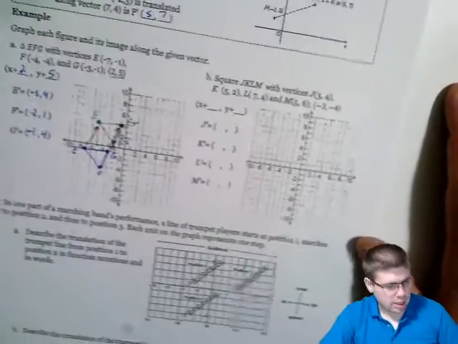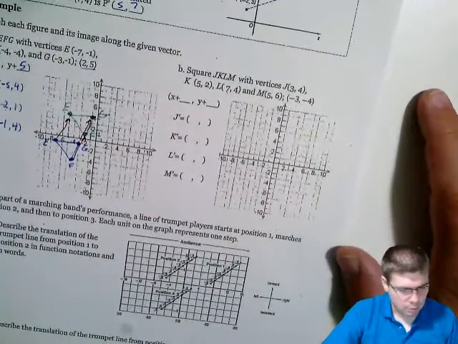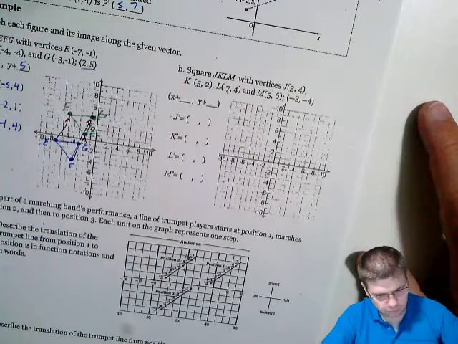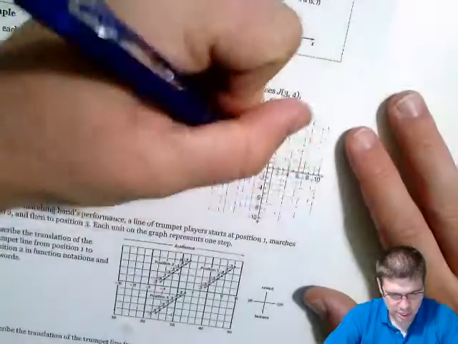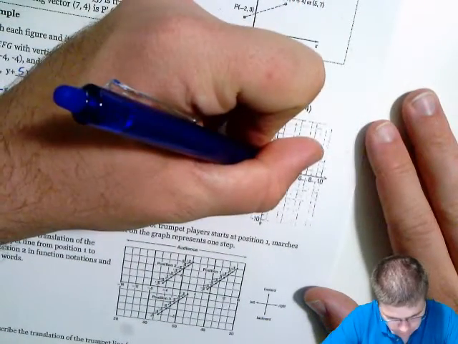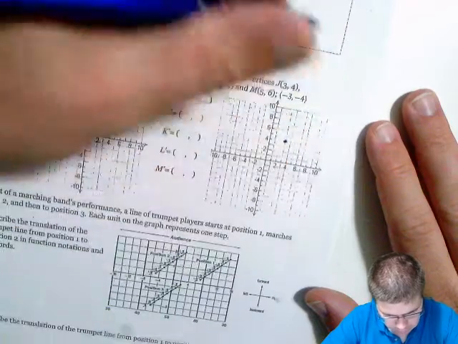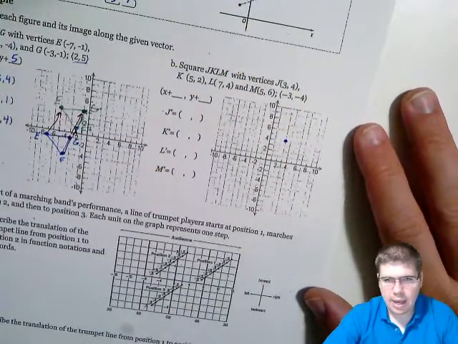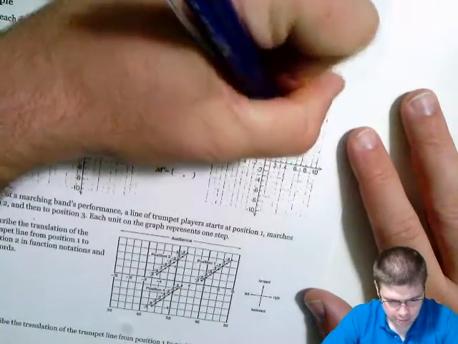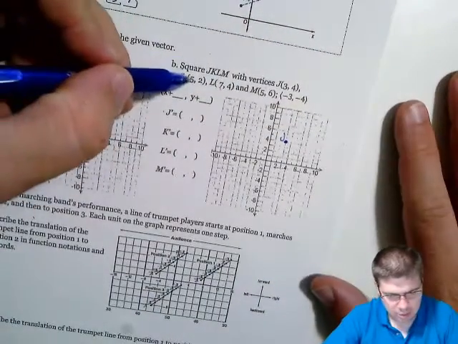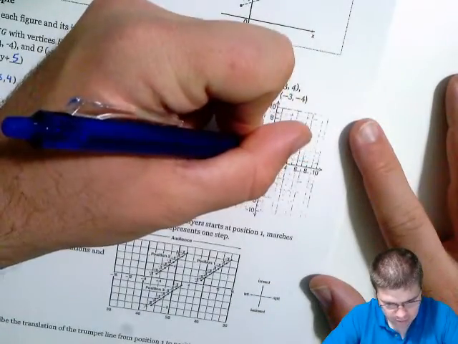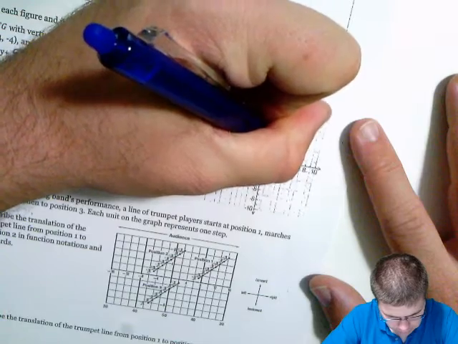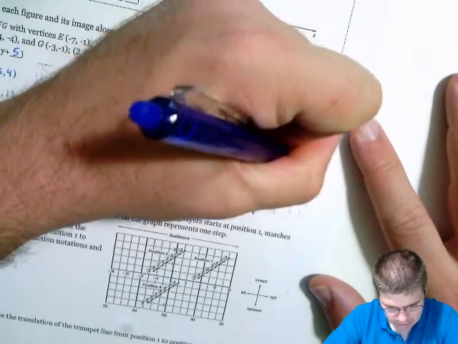All right, so then this time around in part B, we've got a square with the points J at 3, 4, so 3 right, 4 up, so that is J. The next point, K, is at 5, 2, so 5, 2. And that's where K is going to start.